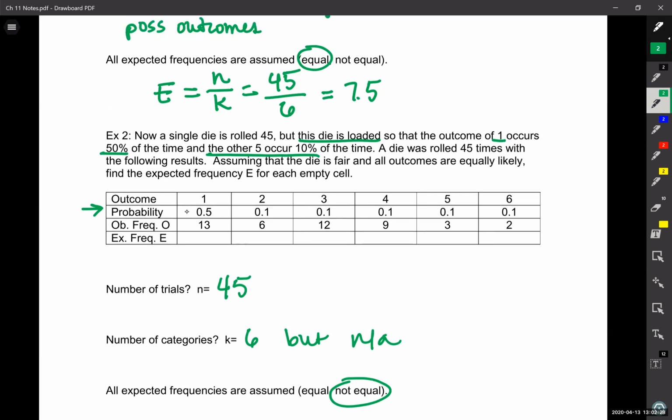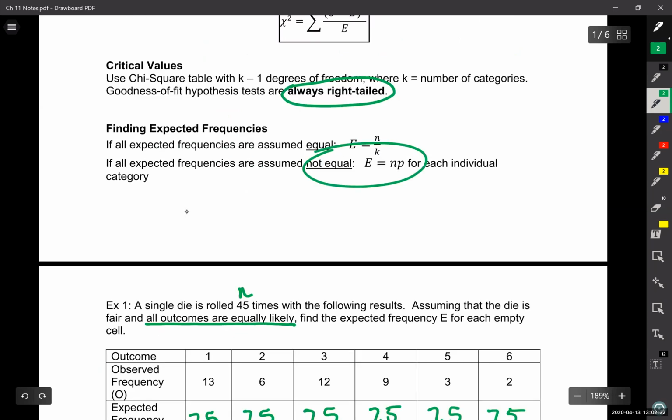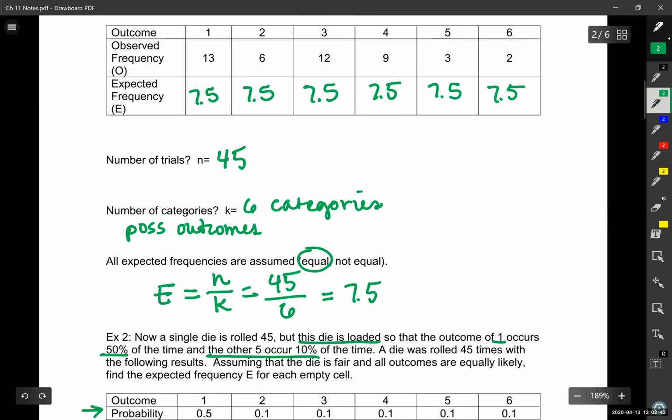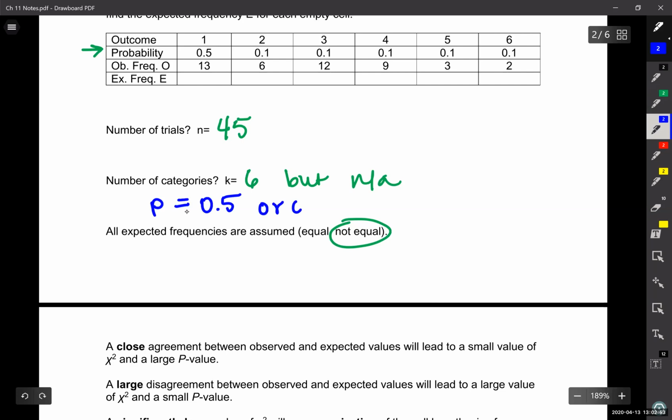Go back up to the last page. When they're not equal, we just need to know N, which is 45, and then the probability. And that was given. So we don't even need to know K. So yes, it's 6, but doesn't matter. What really matters in this problem is P equals either 0.5 or 0.1.